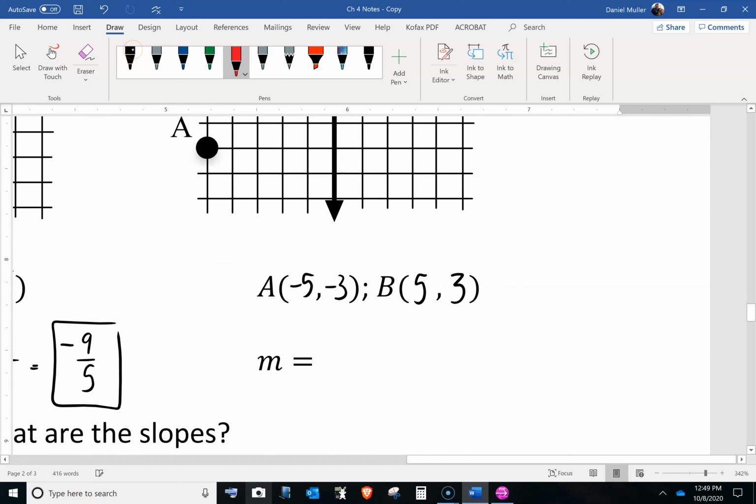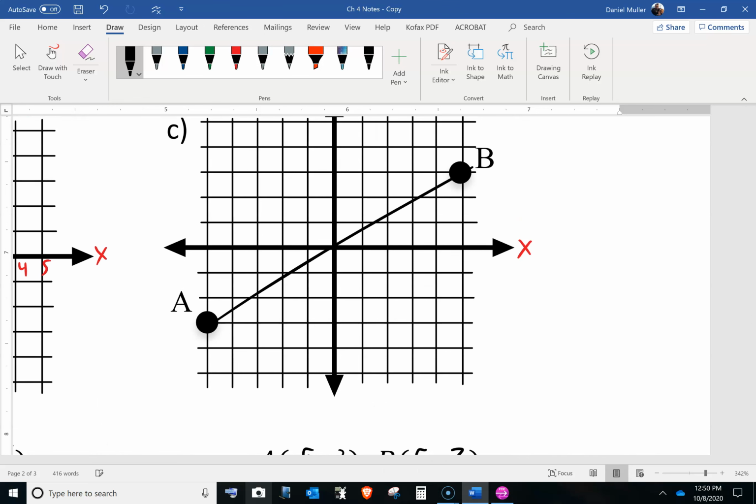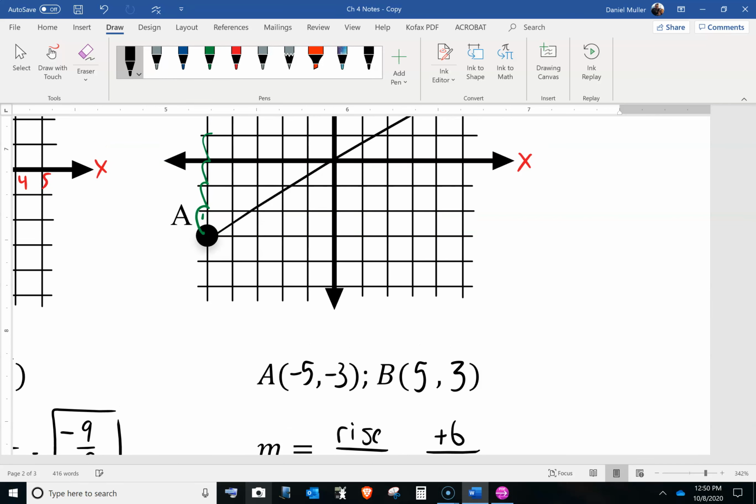Now for the slope, you can have the rise over the run. And when I connect these here, I start at the left. So rise, I'm going up here. So 1, 2, 3, 4, 5, 6. So I'm rising 6. So it's 6 up. So +6 because I'm moving up 6. You don't have to write the positive though.